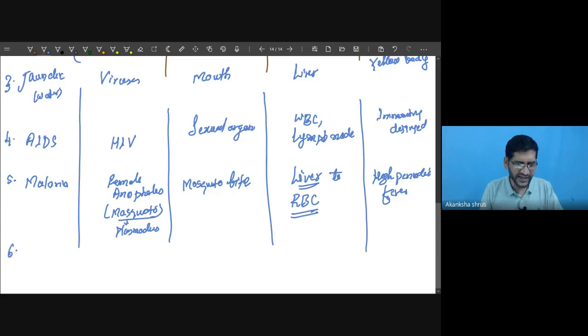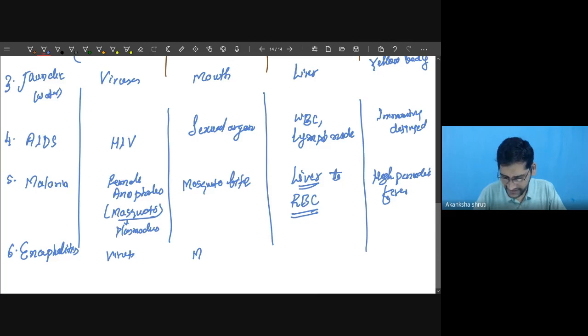The sixth one, write down, encephalitis. The cause is a virus, and it is also carried by a mosquito.